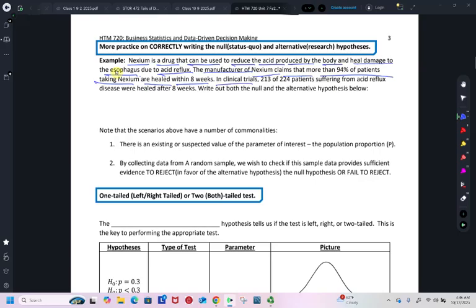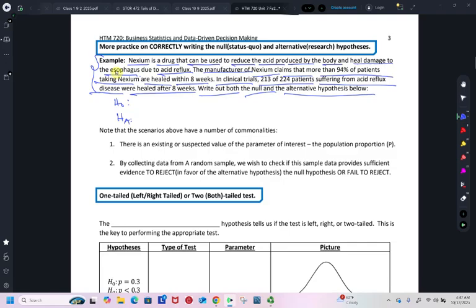In clinical trials, 213 of 224 patients suffering from acid reflux disease were healed after 8 weeks. Based on the scenario described here, write out both the null and alternative hypotheses below. Again, the null hypothesis should represent the claim or the results that have been pre-existing, whereas the alternative hypothesis should be a reflection of what we want to test.